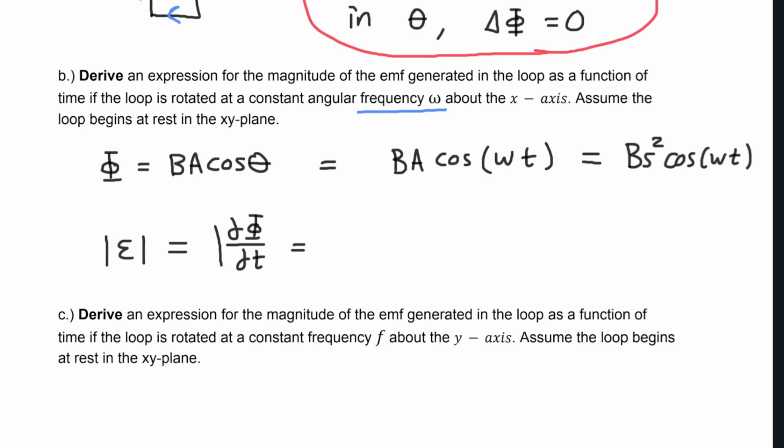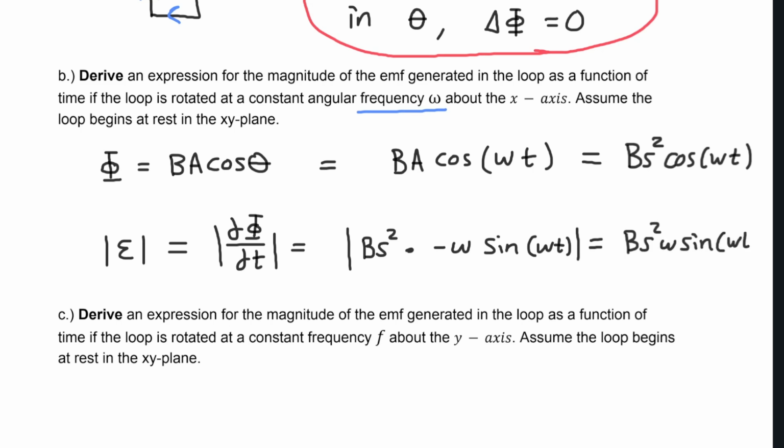And to do that, we're just going to take the derivative with respect to time, which would be Bs squared times negative omega sine omega t. And after getting rid of the negative that we picked up from the chain rule, we'd get Bs squared omega sine omega t.